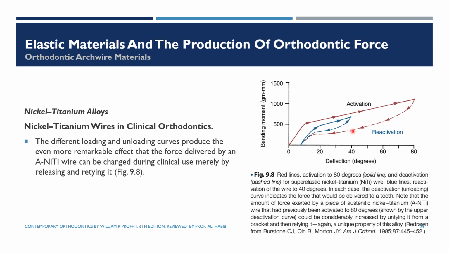This is the next visit. So the deflection decreased from 80 to 40. If at this stage we remove the wire and retie it, we can increase the unloading force and reactivate the wire. So this is an important thing we can use to activate the same wire instead of changing wire from one to another.